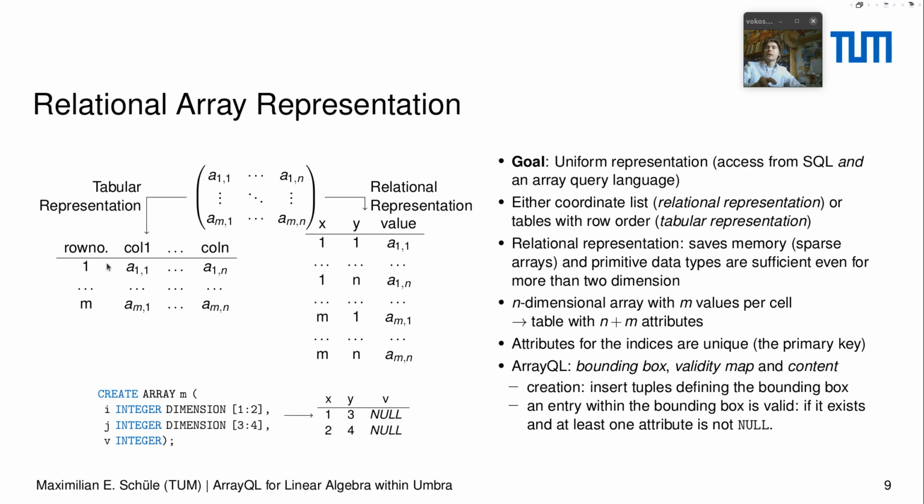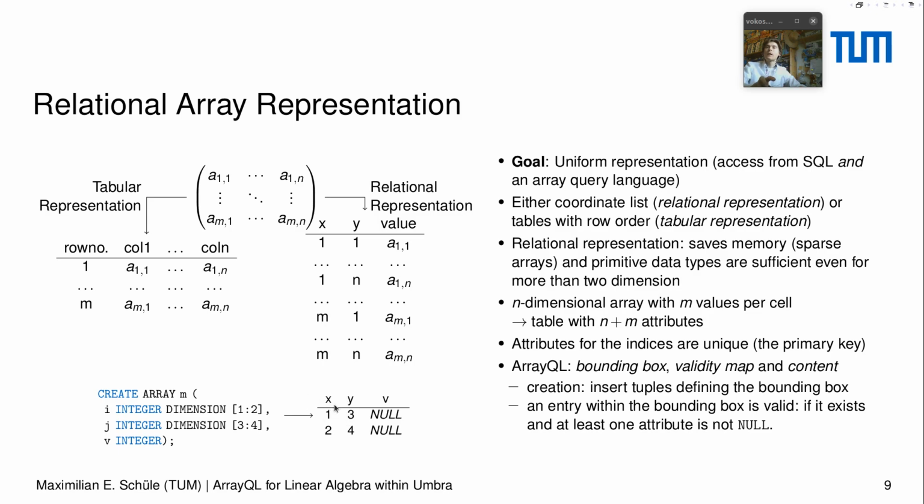The relational representation saves memory for sparse arrays, and primitive data types are sufficient even for more than 2 dimensions. So what we do is we have an n-dimensional array with m attributes that is translated into a table with n plus m attributes. Attributes for the indices are unique and form the primary key.